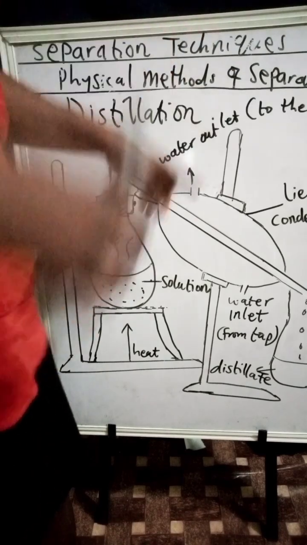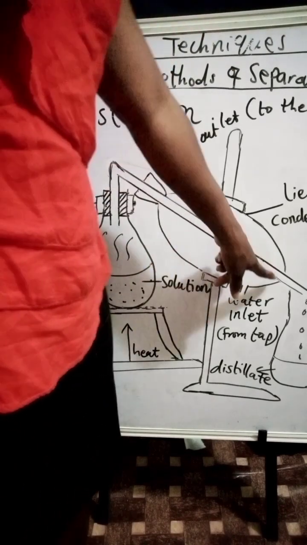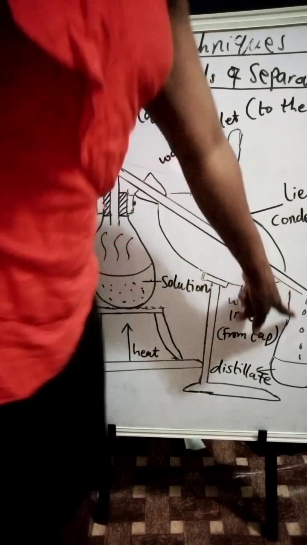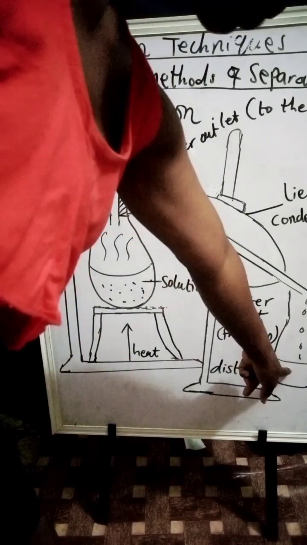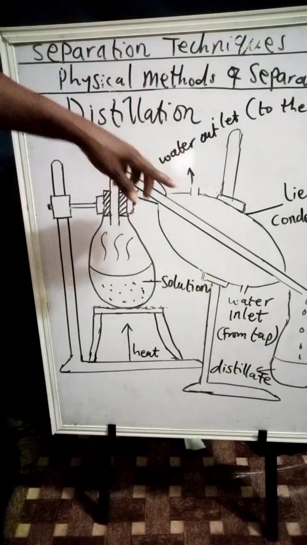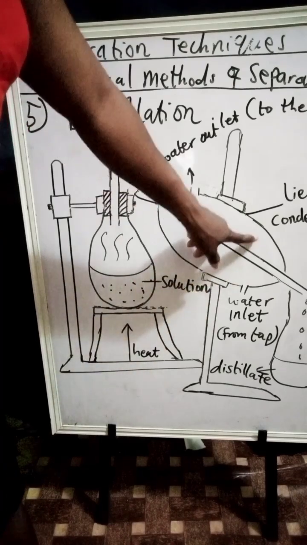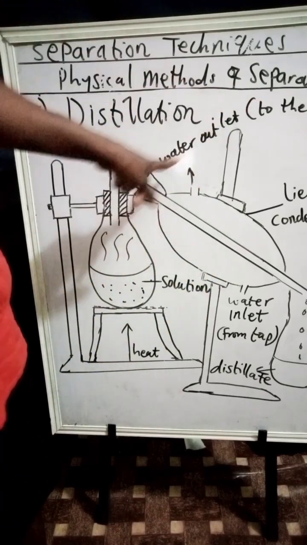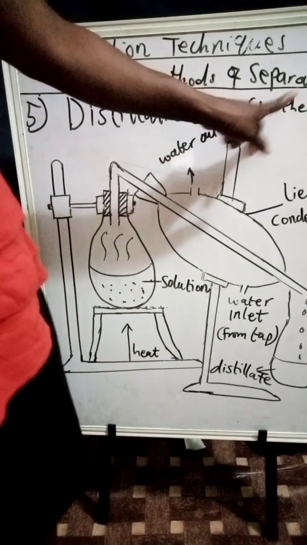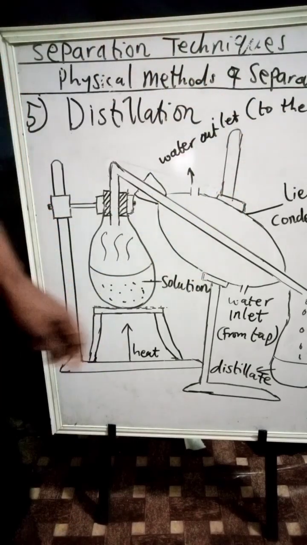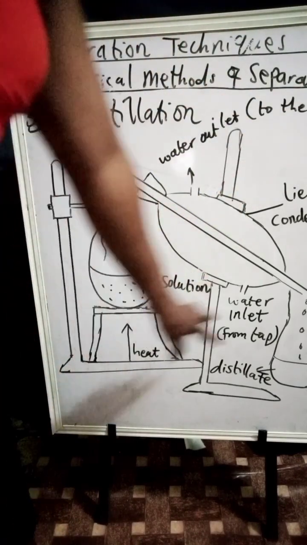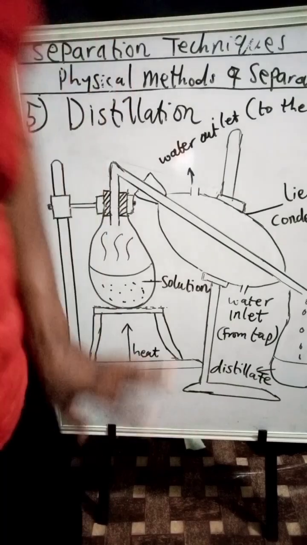And when it cools, it will condense in the form of a liquid called distillate here. And then the water that enters from the tap will go out from here. You can see the water outlet to the sink. Then you get your distillate, and that is it.